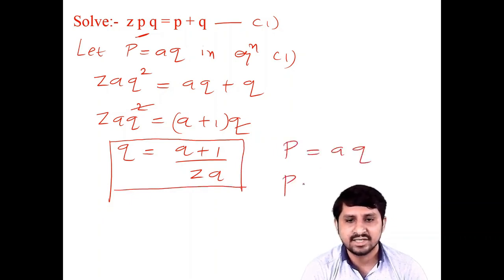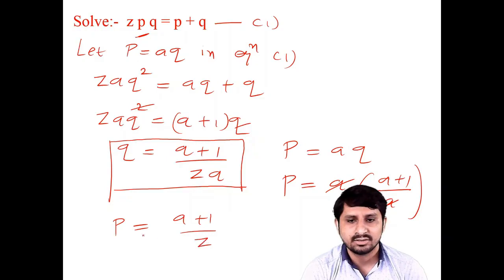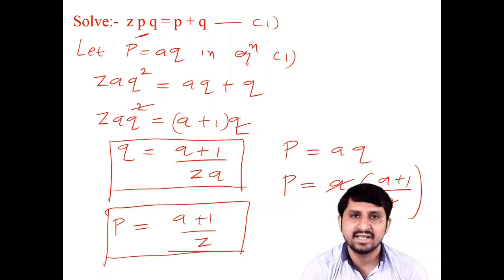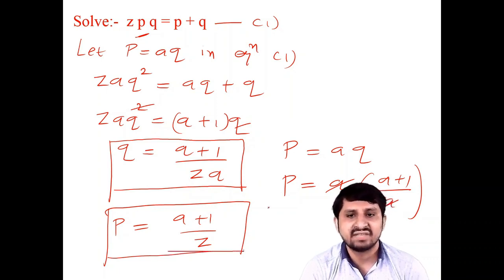So the value of p is a, into the value of q, a plus 1 upon z a. So this a cancels out. So finally, p is nothing but a plus 1 upon z only. So the value of p and the value of q in terms of z and a, that we get.